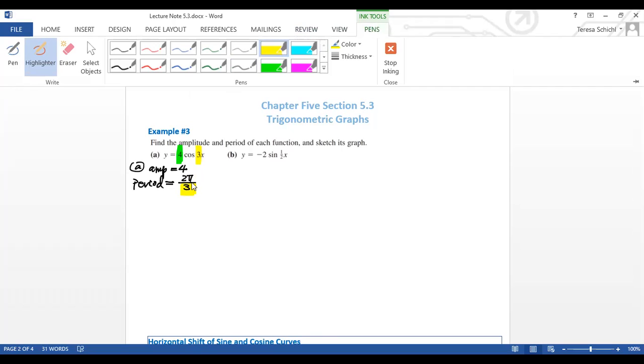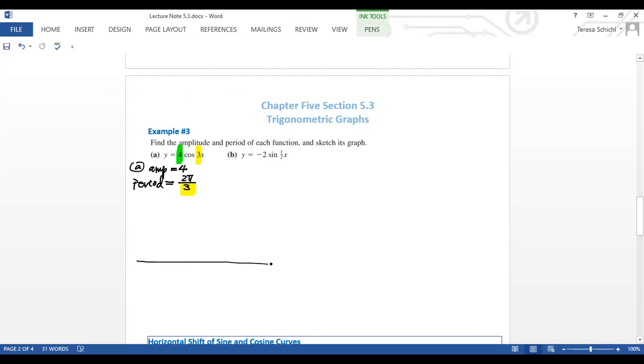So here is how we do the graphs. Let's take a look here. So this is 1, 2, 3, 4, because my amplitude is 4, right? Now the way we do it, because every 2 pi over 3, I'm going to repeat.